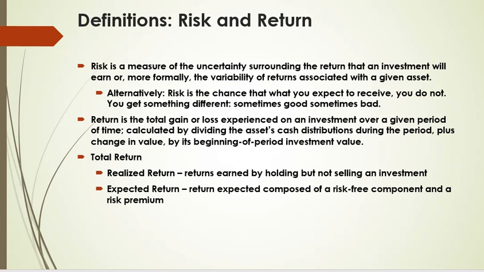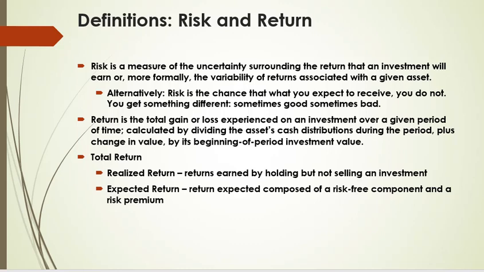So risk is a measure of uncertainty, right? It's a variability, if you will. It has to do with the unknown. Alternatively, when we calculate or quantify risk, there is actually a better definition.